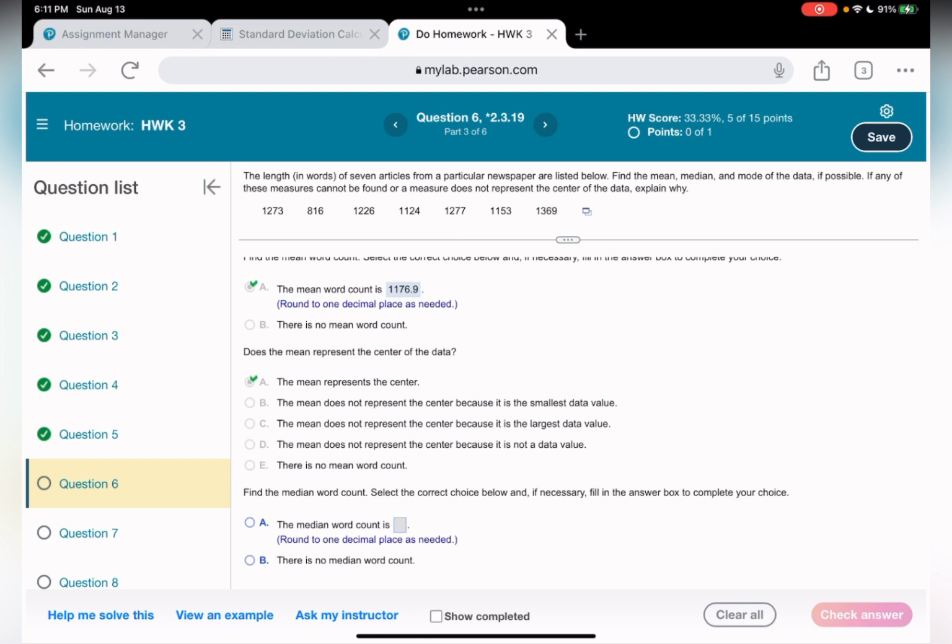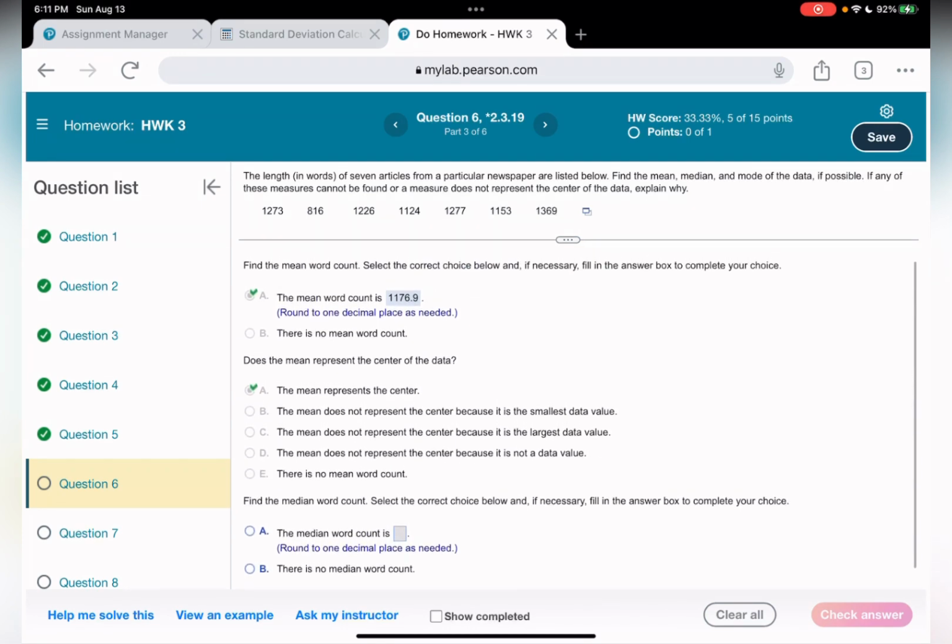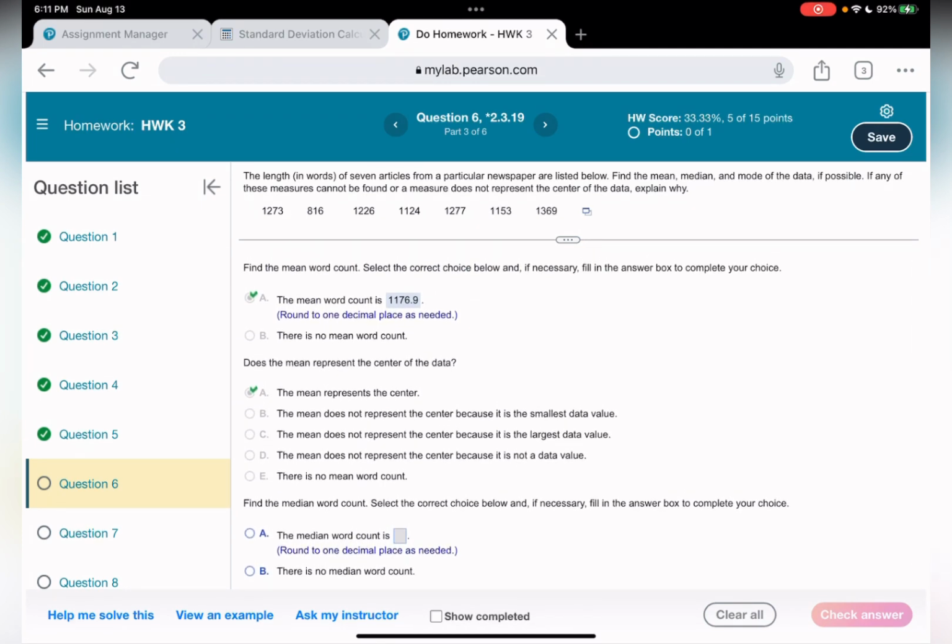Okay, in the next question, find the median. To find the median, we have 7 elements, right? So which means the fourth element, okay, this is not arranged in ascending order. So I need to arrange. I'm going to find the fourth number in ascending order.